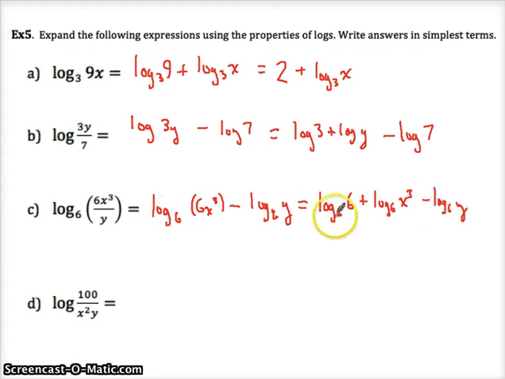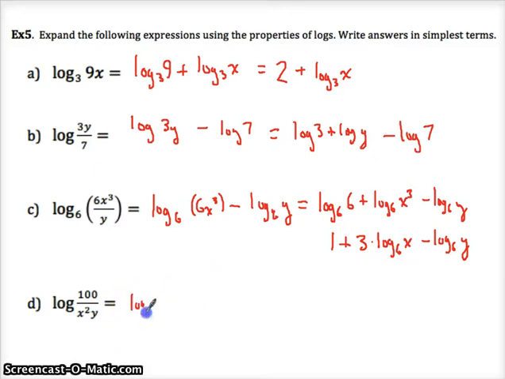Wow, this is a lot to write. Log base 6 of 6, that's easy, right? 6 to what power is 6? That's 1. 6 to what power is x cubed? I don't know, but that exponent on top, I can write out front. That's 3 times log base 6 of x. And then this I can't really simplify anymore. So we're just busting these up as much as we possibly can, applying all the rules that you can apply. Just going to show off all your rules.